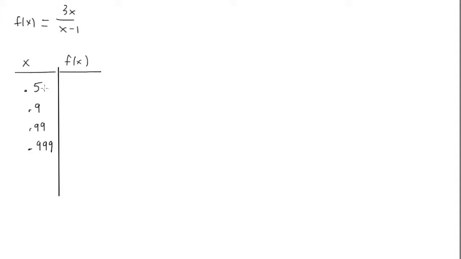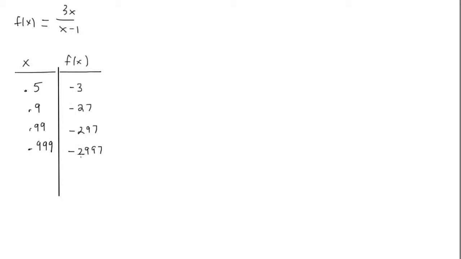So I cheated and I've pre-computed all of these, and so f of x turns out to be -3, and then this one is -27, and then -297, and then the last one is -2,997. Basically what's happening is as we approach 1, our numbers are getting ridiculously negative.